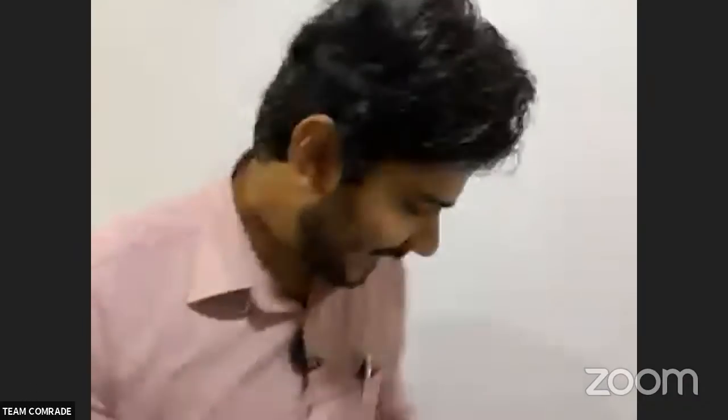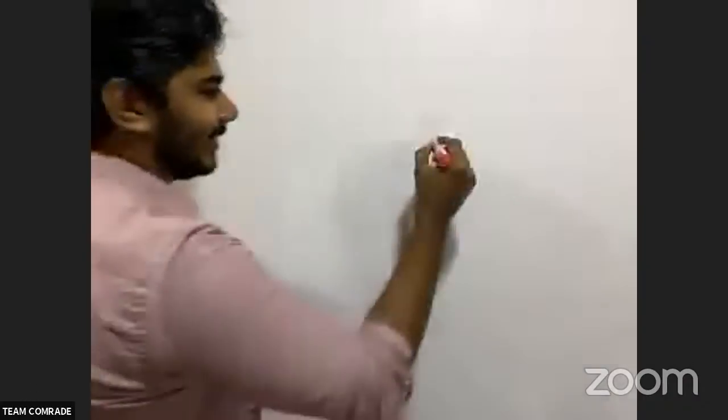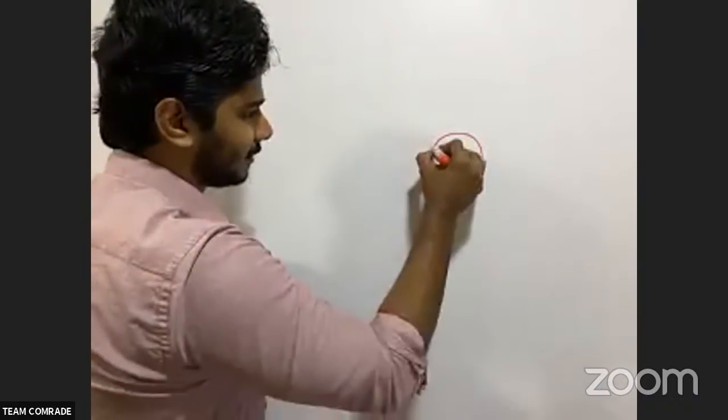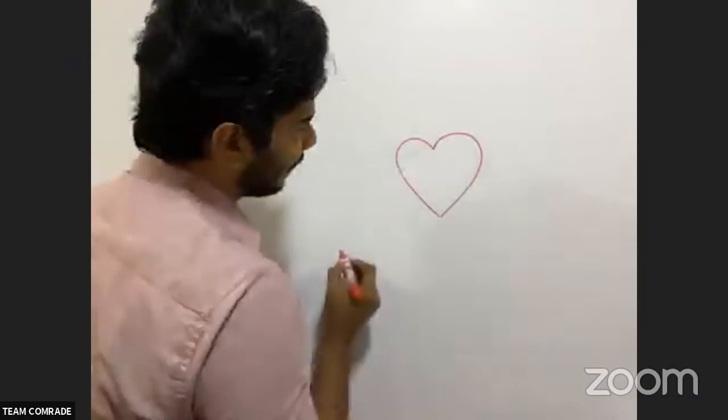So when I tell you about the heart, what do you know about the heart? In which side is the heart, right side or left side? Anyone? Left side, right? Heart is on the left side. Is the heart like this? I love this heart. Is it like this?